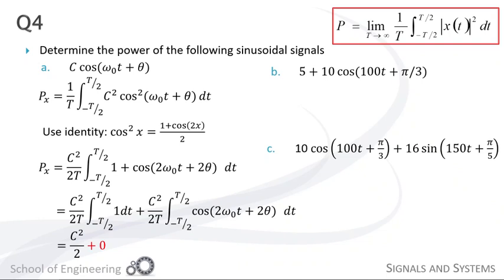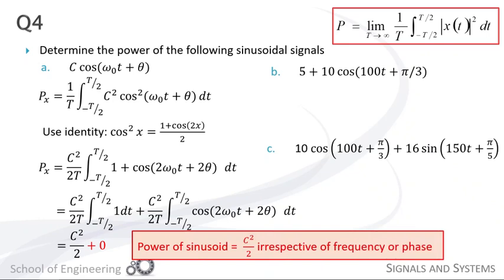At the end of the day, this is what we want you to remember. Don't waste your time trying to do those horrible integrals. That's the mathematician's job. The engineer's job is to use that result. So if you have a sinusoid, whether it's cosine or sine, the power will just be the amplitude squared on 2, regardless of frequency or phase.